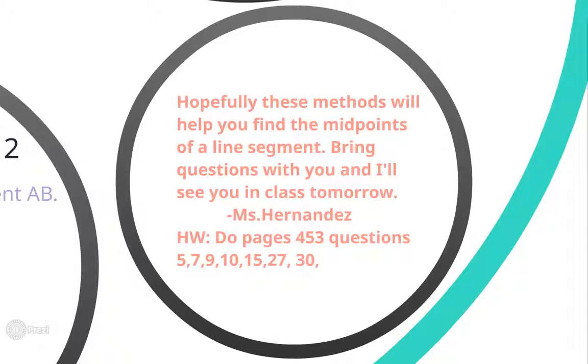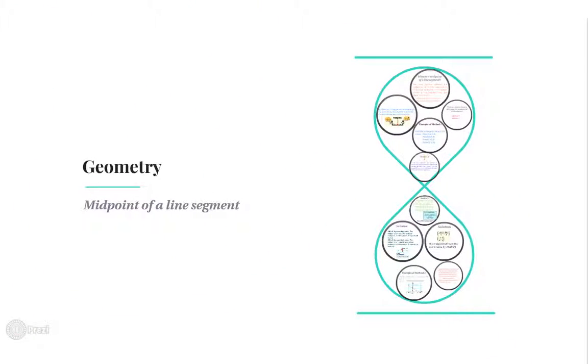And now, my goal for this activity is to help students visually see how to find midpoints of a segment and understand that the line segment itself is part of a shape, a polygon.